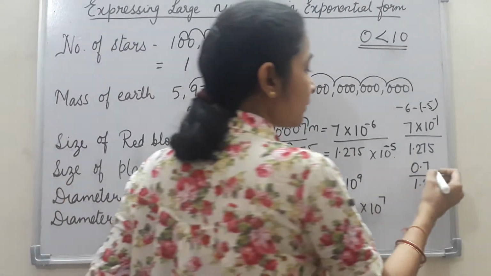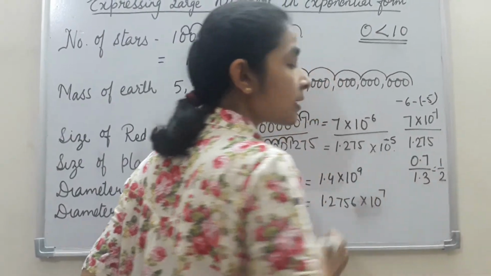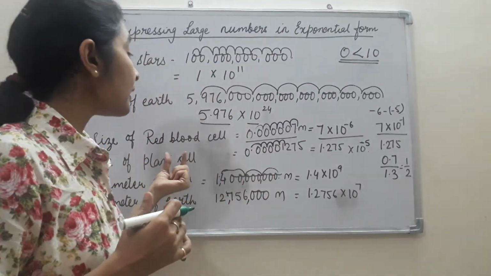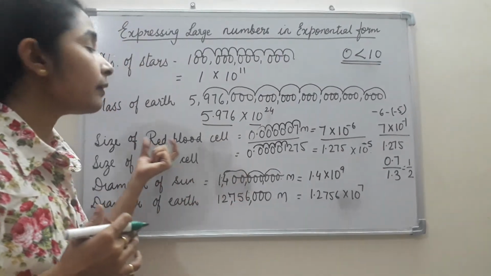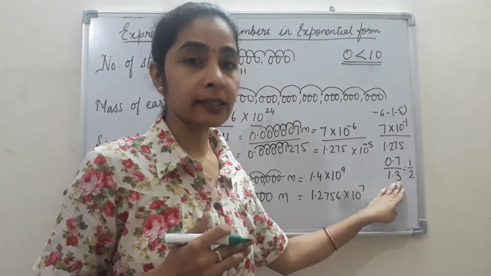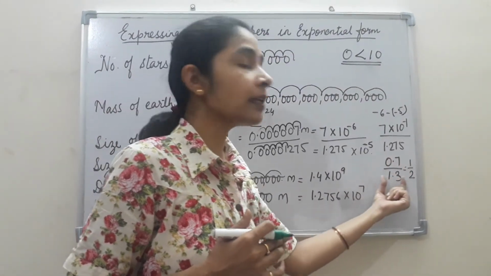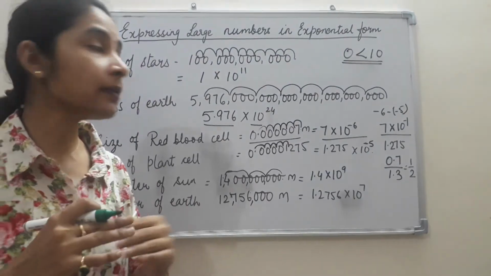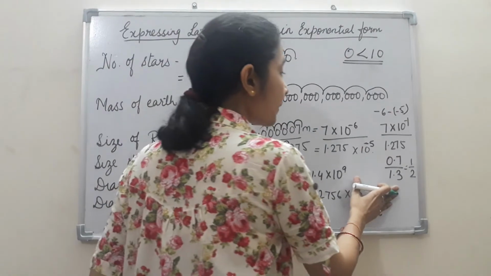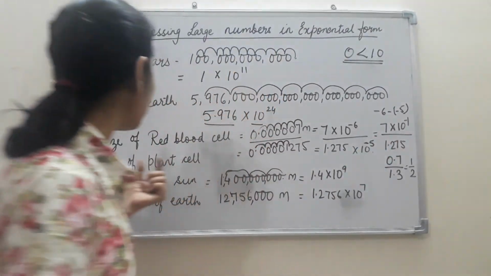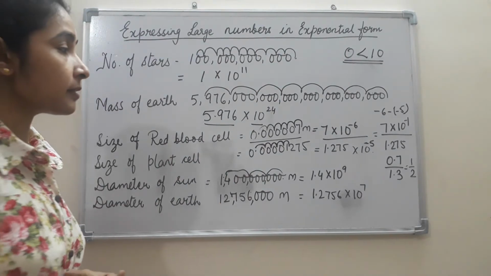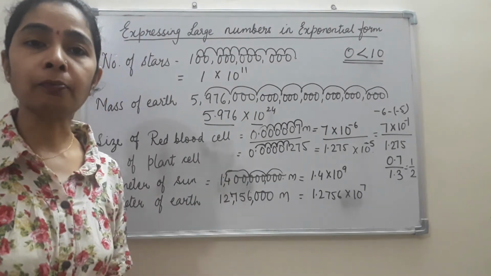Now approximately we can write that if we compare the size, then the size of the plant cell is twice the size of the red blood cell, because 1.3 is approximately double of 0.7. So in comparison we get 1 upon 2 there.